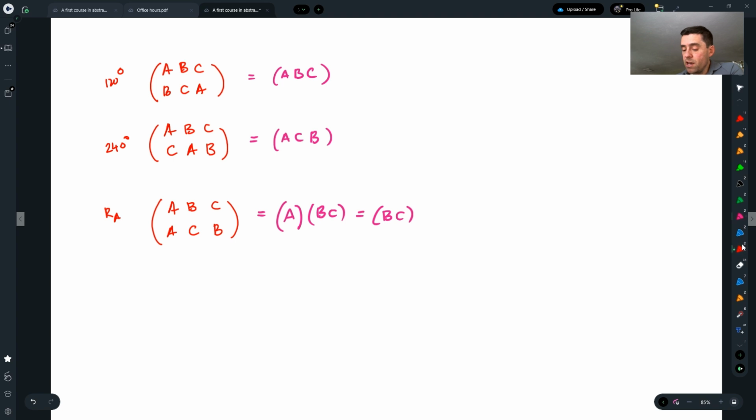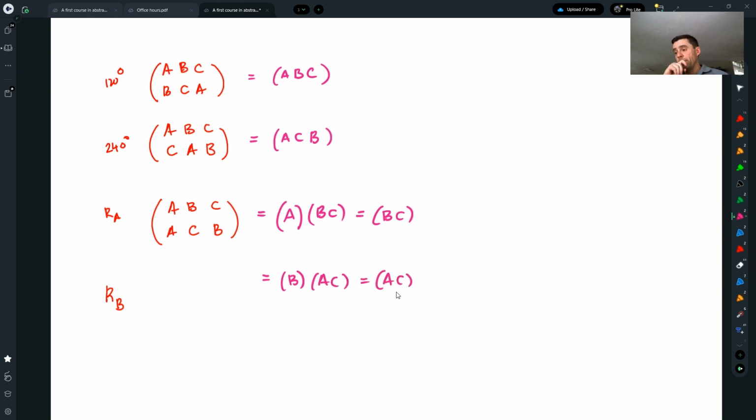And similarly, the reflection about B will end up being, I know that B is fixed, and A goes to C, and C goes to A, so it will just be AC. Okay? So, again, each one of these is just a permutation of the letters A, B, C.